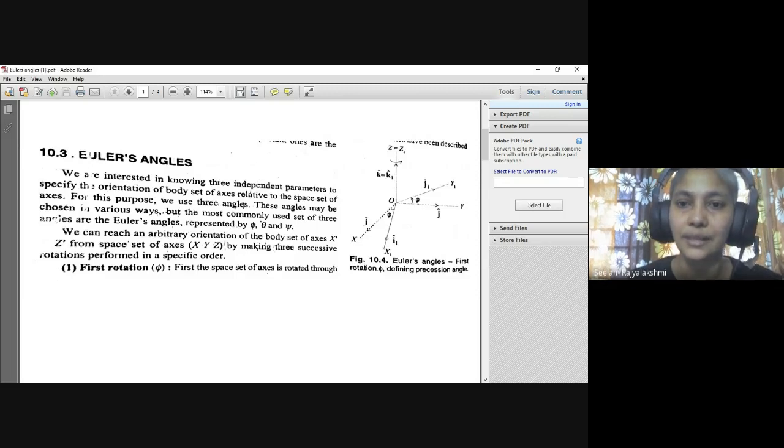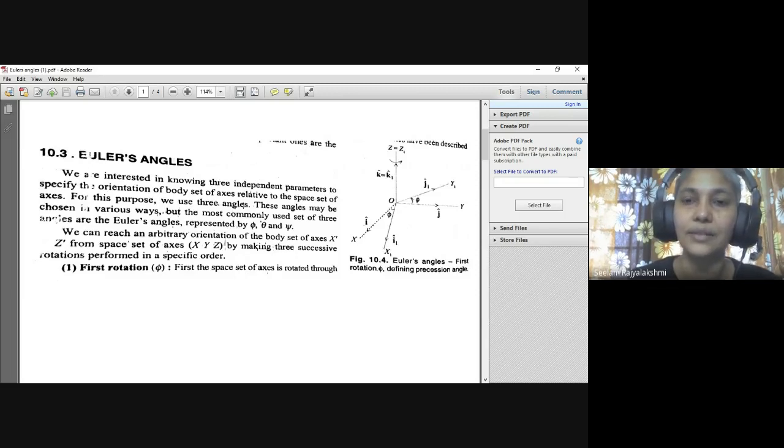That means whenever x is rotated from x to x dash with an angle phi, y moves from y to y1. The unit vectors also change from i bar, j bar, k bar for the x, y, z axes to i1 bar, j1 bar, k1 bar.